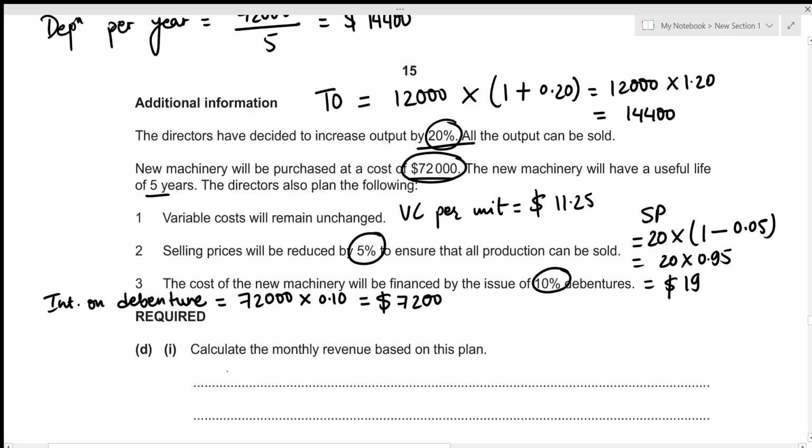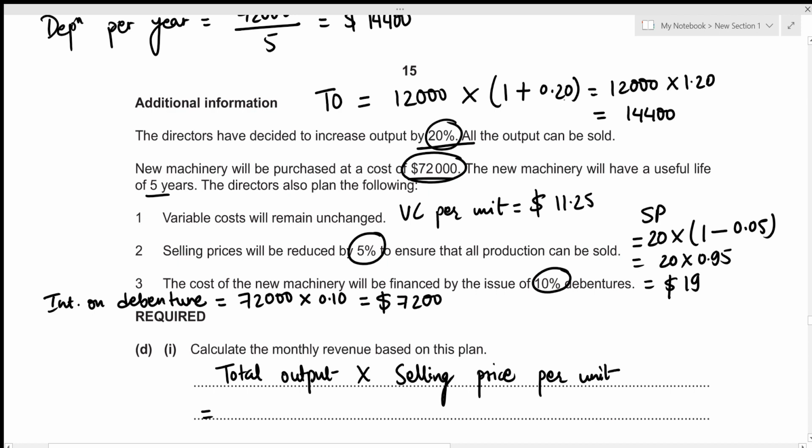Alright, now for the first part of the fourth question, we need to calculate the monthly revenue based on this plan. And we know that the monthly revenue is just the total output multiplied by the selling price per unit. And we've already figured out the total output as well as the selling price per unit, so we just have to substitute those values.